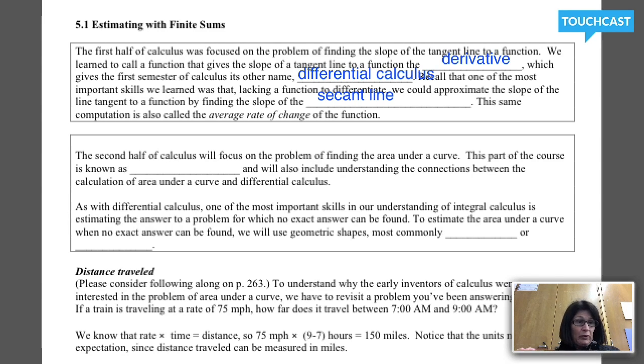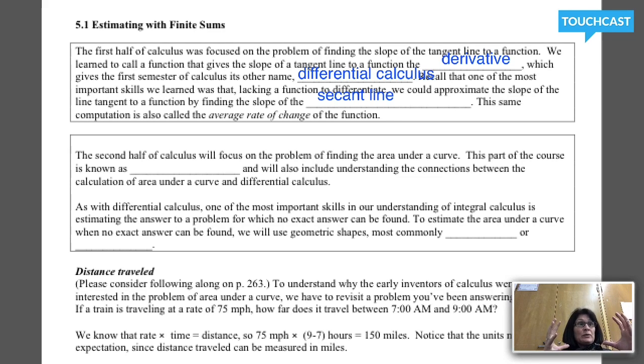So one of the most important things that we need to remember as we move into the second half is that when we didn't know the exact slope of a curve, when we didn't have a function to differentiate, we could make an approximation of the slope by finding the slope of the secant line.